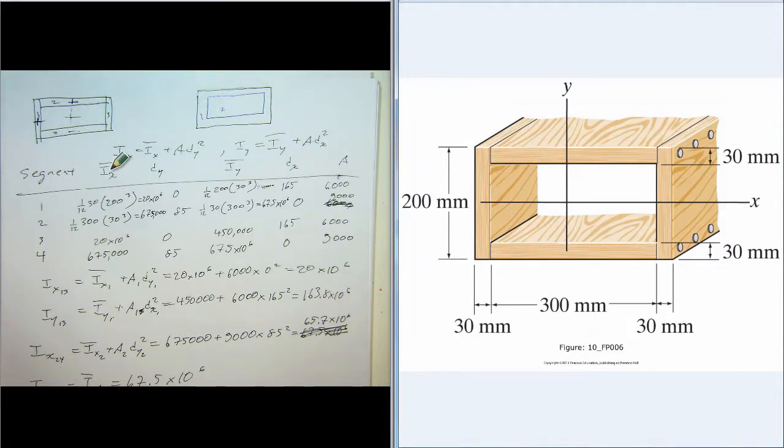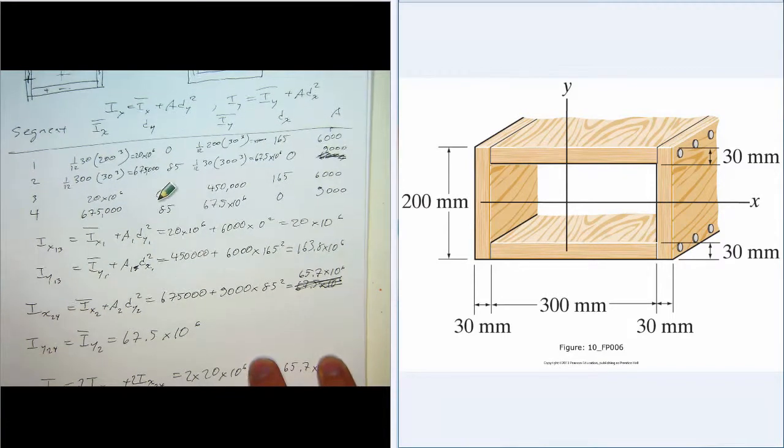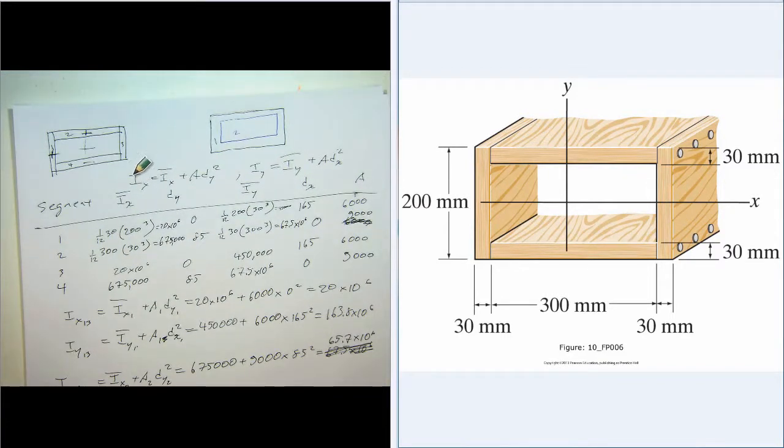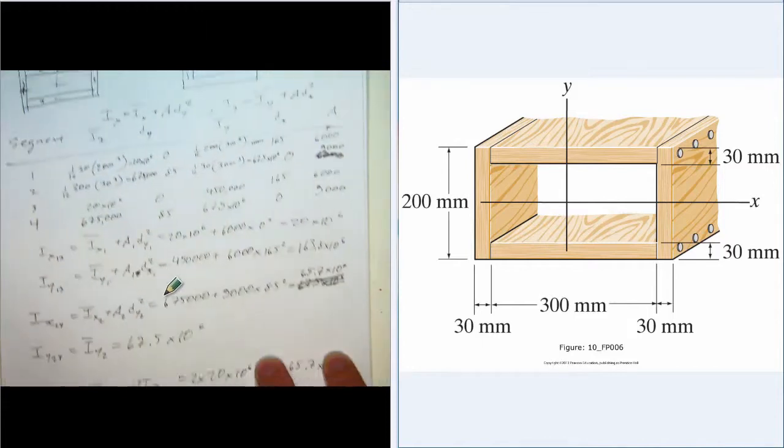And this is the information we need: the moment of inertia about the centroidal axis, the distance between those two parallel axes, and the area for that segment. And so that allows us to use the parallel axis theorem. So a table with all that information in it, and then once we have these values for all 4 segments, then we just add them up.